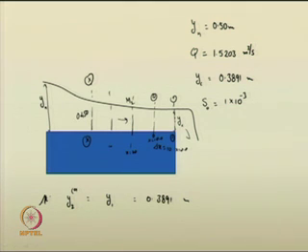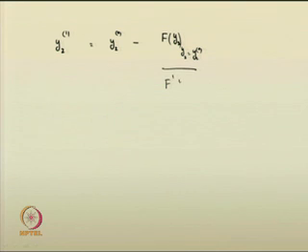Then you will be using the relationship: y 2 in the first iteration is equal to y 2 in the 0th iteration minus the function f of y 2 evaluated at y 2 0, divided by the derivative of the function f of y 2 at the location y 2 0, fine.